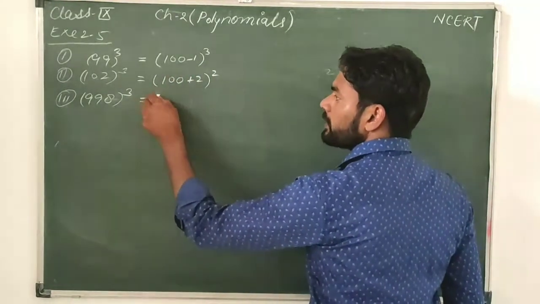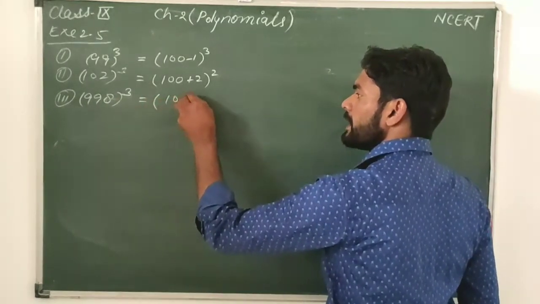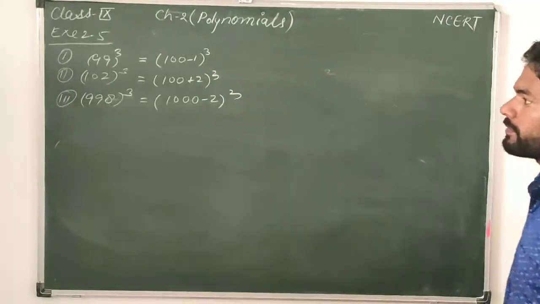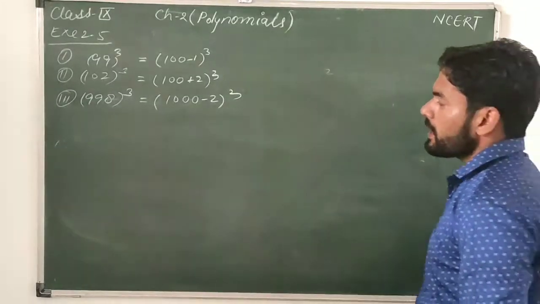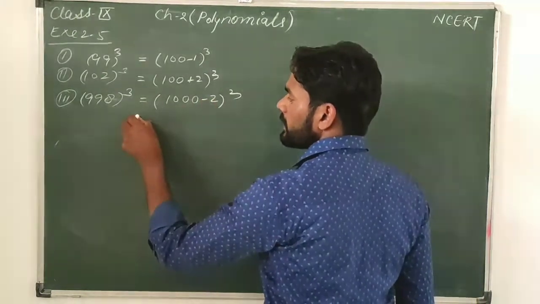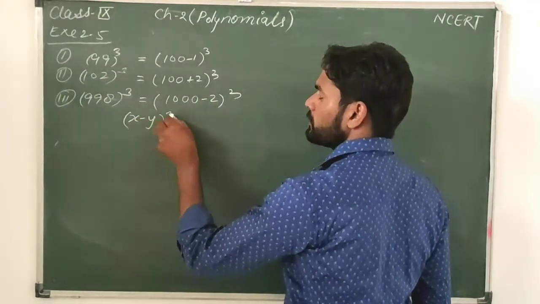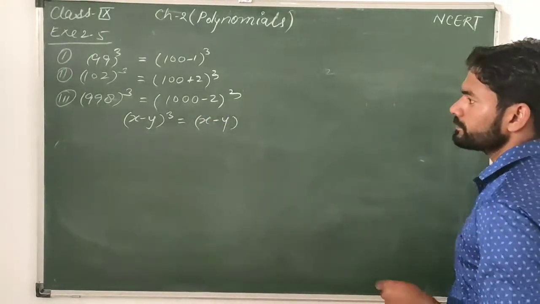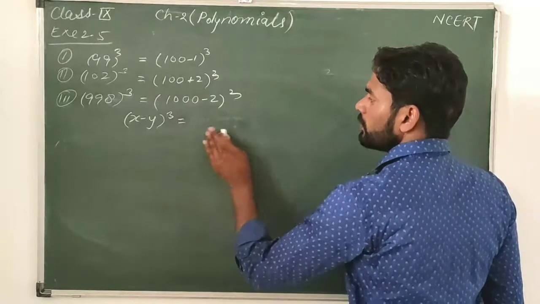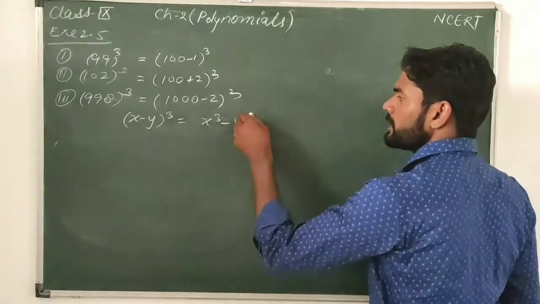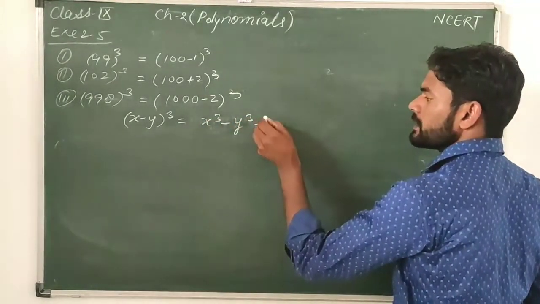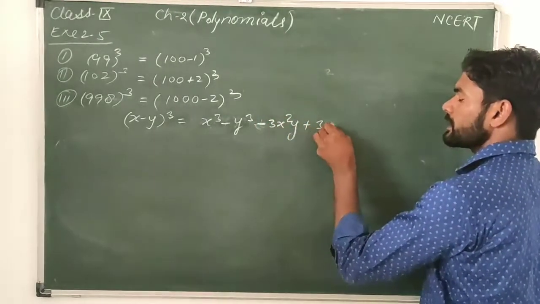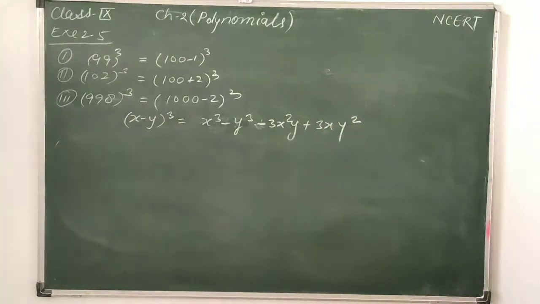Are you getting my point? And this can be written in this formation. Sorry, here cube. Clear? Let's suppose it is x and it is y, then (x minus y) whole cube is equal to x cube minus y cube minus 3x square y plus 3xy square.